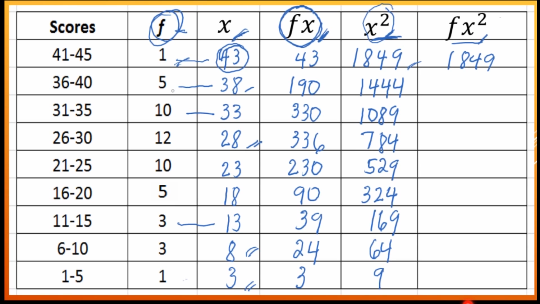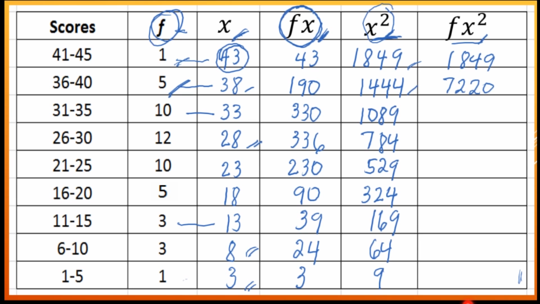Next is to multiply 5 and 1444, and that is equivalent to 7220. We will simply repeat the process up to the lowest class.